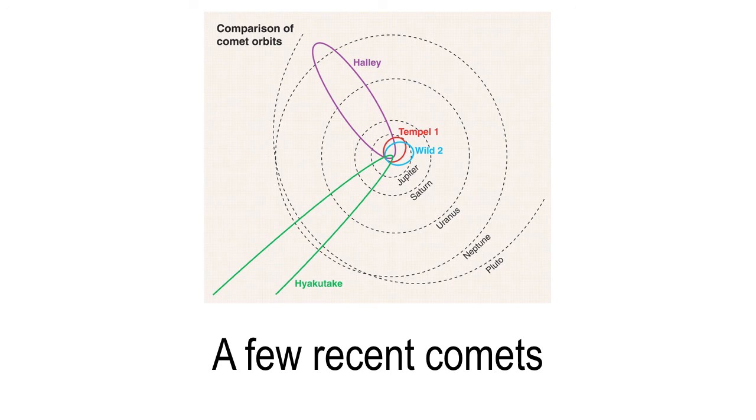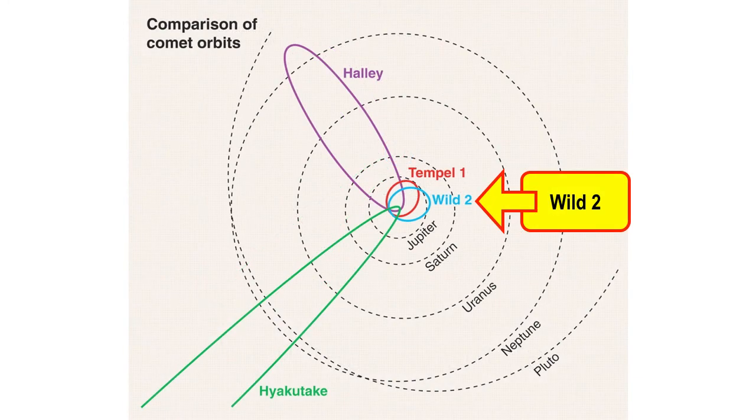And this comet over here, the green one, Hyakutake, came through about 20 years ago. And that one, I remember people taking photos of it. It has an aphelion way out beyond the Kuiper Belt.